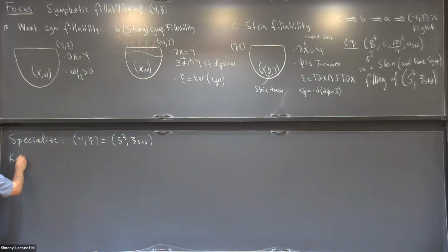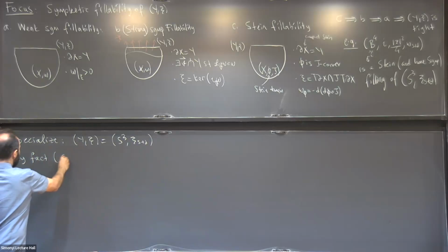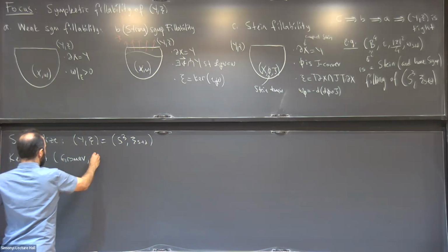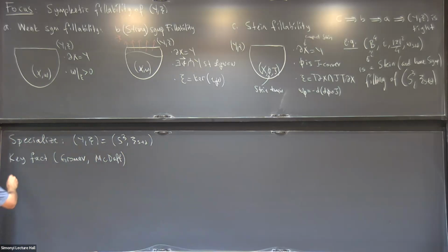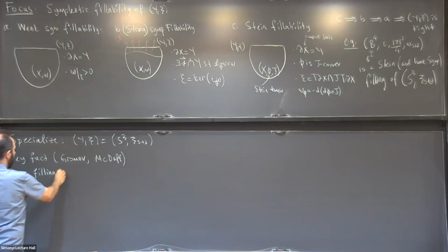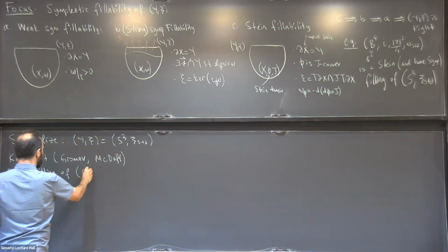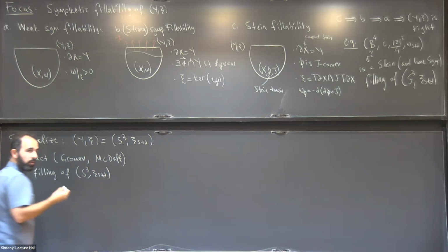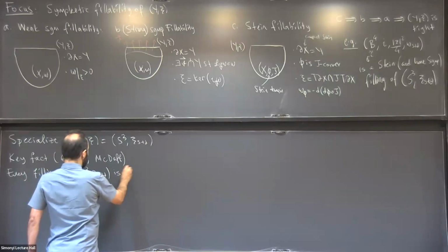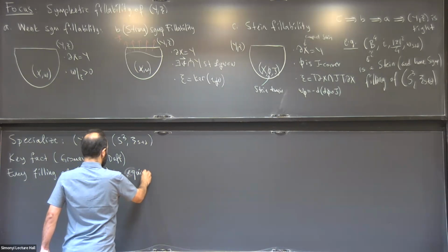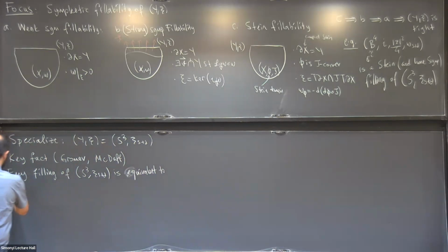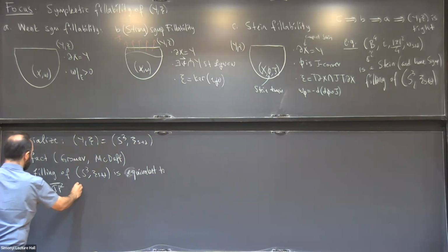This is the key fact, which is due to Gromov and independently McDuff. The result says that we do know what the fillings of this are: every symplectic filling of this manifold is of the form, or equivalent to, the four-ball blown up some number of times, for some k.